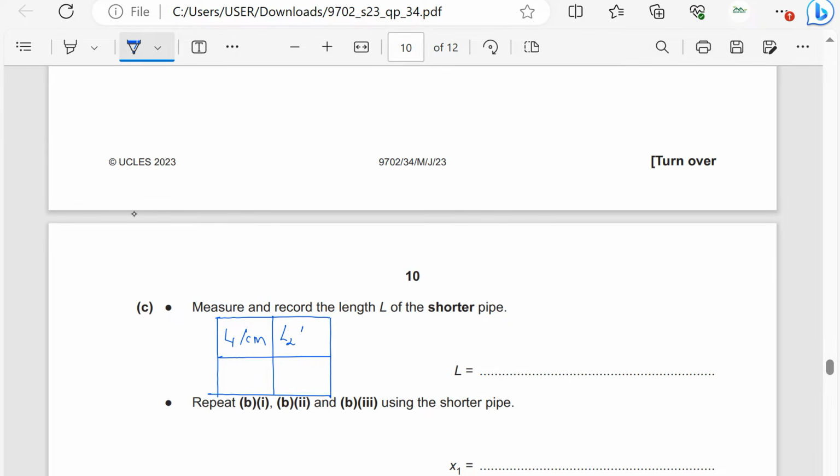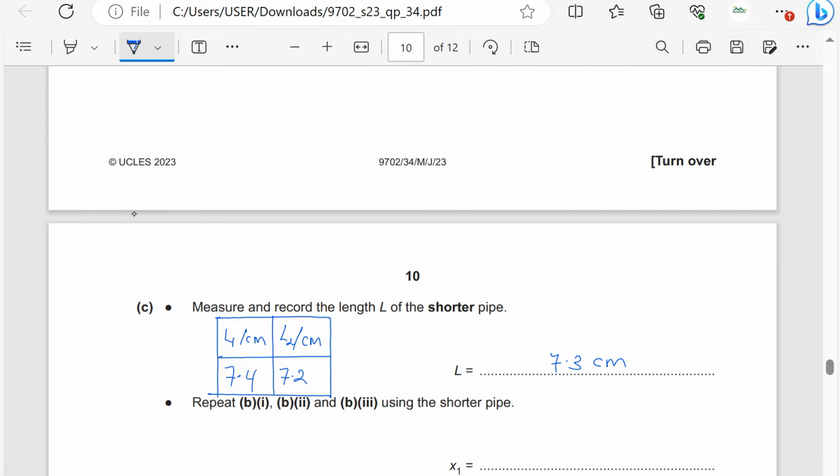She did the second attempt in centimeters. It was a shorter pipe, which is around 7 centimeters. So the first attempt, she said, is 7.4. Then she changed, I think she rotated the pipe. It was maybe not very uniform, and she measured 7.2 centimeters. So she recorded her average as 7.3 centimeters.